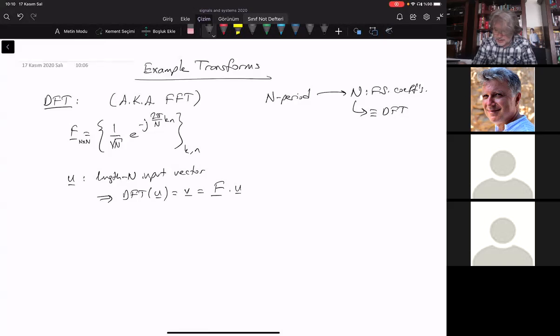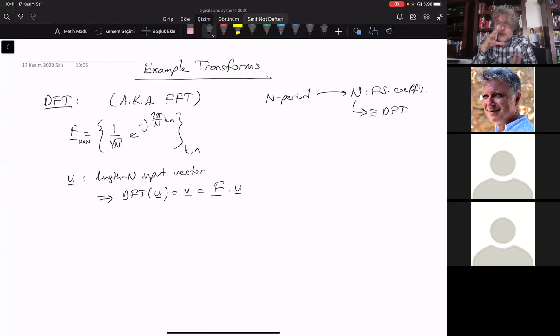V is equal to F times U. The 1 over square root of n is an arguable coefficient. I put it deliberately to make this DFT orthonormal. I'm not sure in the implementation of MATLAB they have 1 over square root of n.